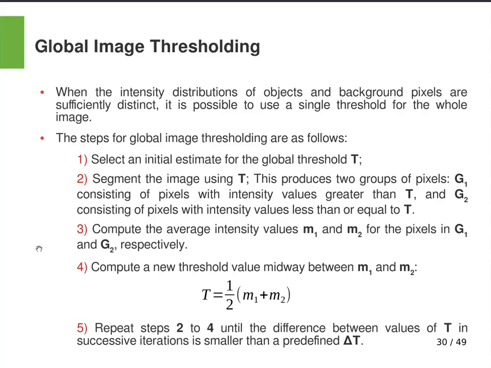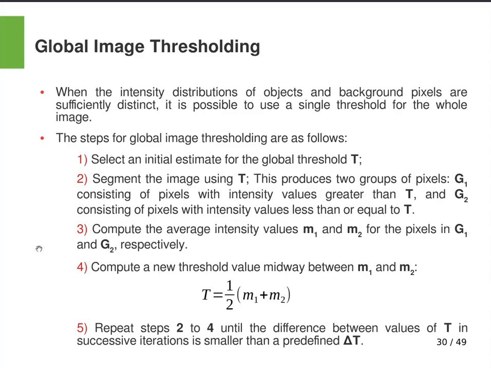The last step is satisfied when a condition that you define yourself is satisfied. For example, if the difference between the new threshold and the previous threshold is less than, say, 1, you can stop the procedure.